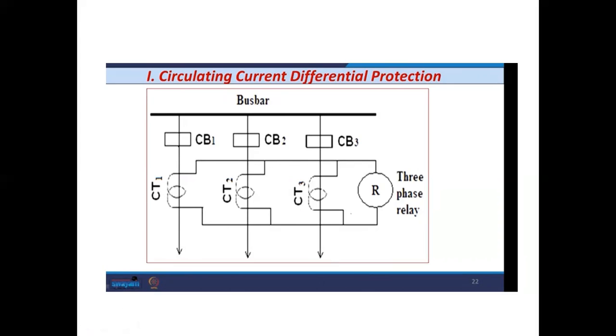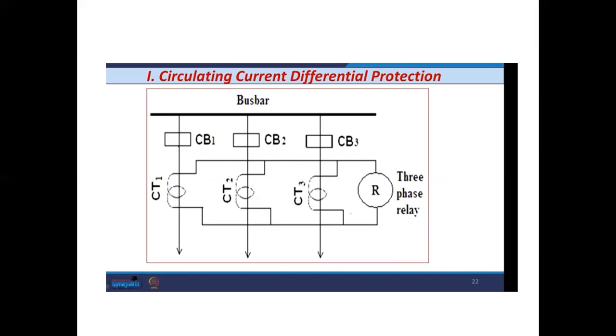You can see that on each feeder I have one CT, CT1, CT2, CT3, and whatever relay I use is a three phase relay which has only one coil.